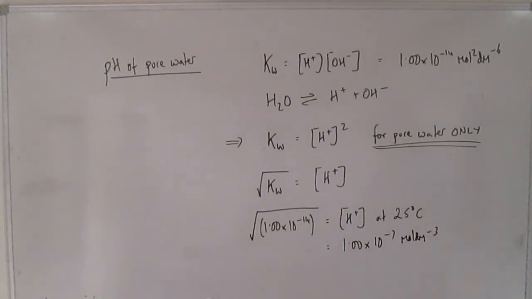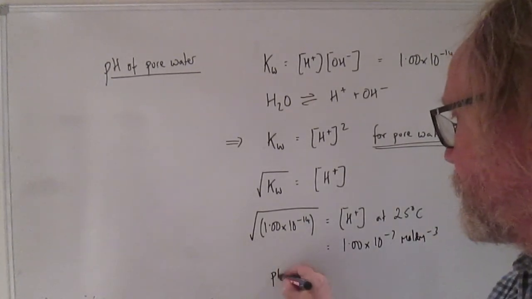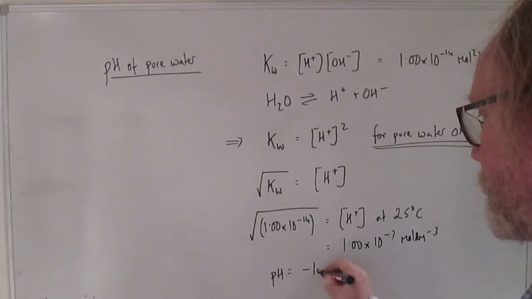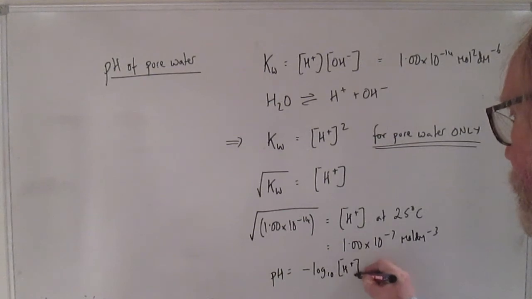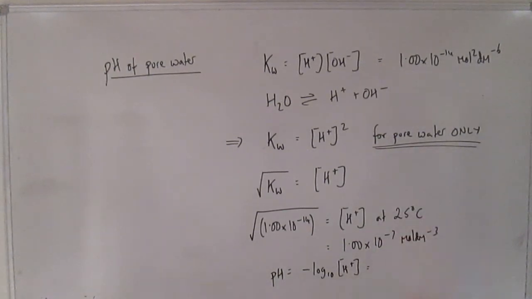And lo and behold, if we calculate pH, which is minus log to the base 10 of the H plus concentration, and you take minus log of that number, you get 7.00, which is reassuring.